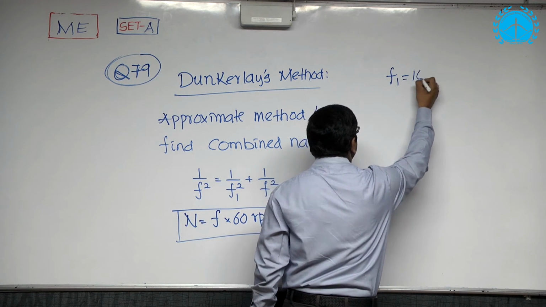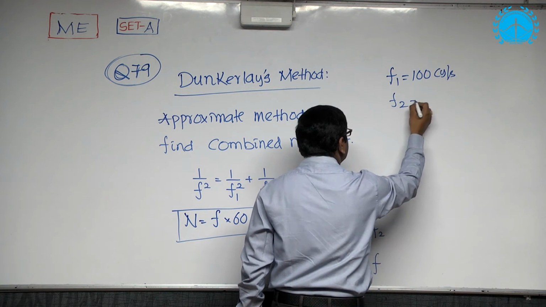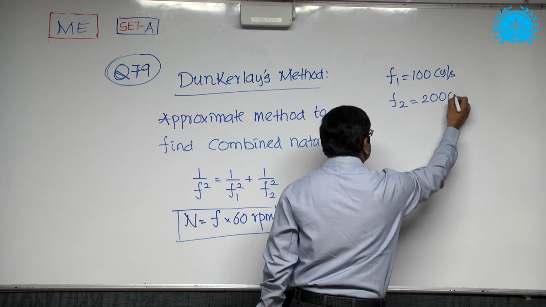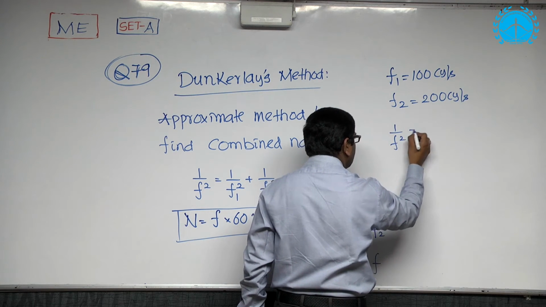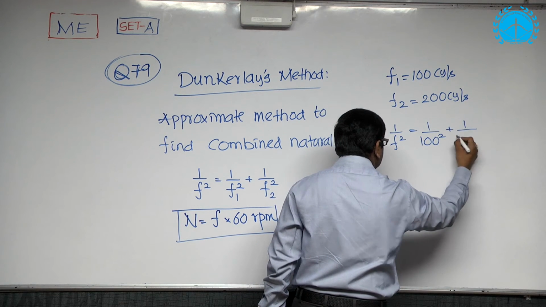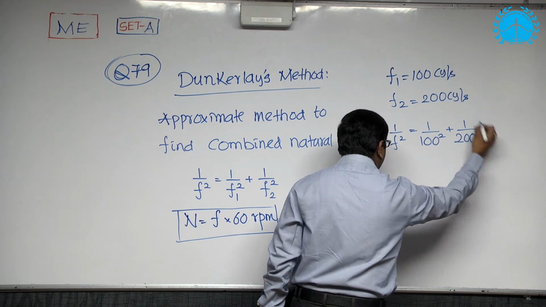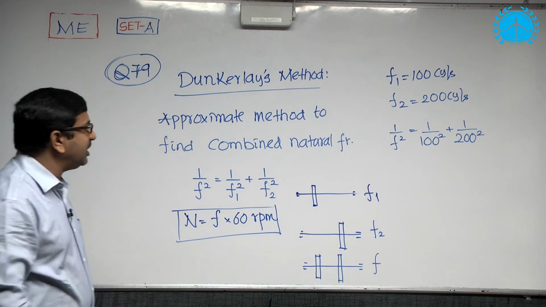f1 is given as 100 cycles per second and f2 is 200 cycles per second, then you can get 1 by f square is equal to 1 by 100 square plus 1 by 200 square. So obviously you require a calculator.